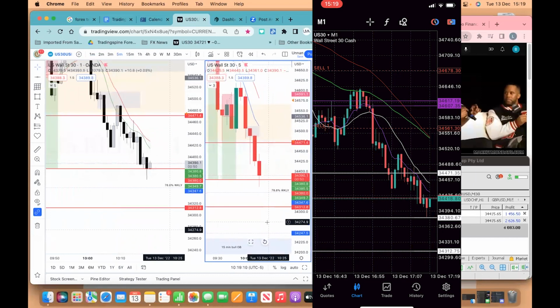From my experience in US30, when price reaches the half hour mark, price loves to pull back and retrace. So 5 minutes before, like 25 past, price likes to pull back and then go into that area.